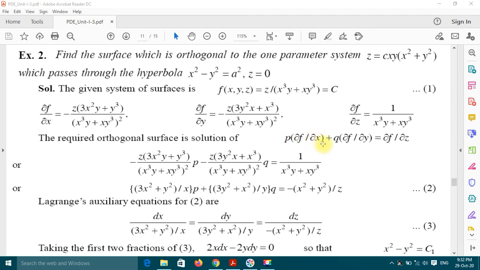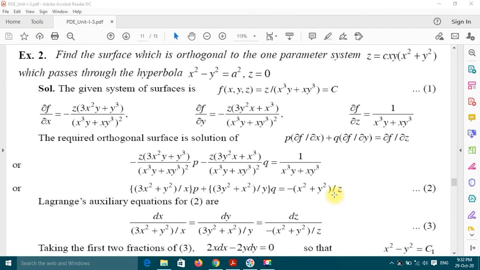The required orthogonal surface equation is given by p ∂f/∂x + q ∂f/∂y = ∂f/∂z. Now substitute the values of ∂f/∂x, ∂f/∂y and ∂f/∂z into the equation, and after simplification we get (3x² + y²)/x p + (3y² + x²)/y q = −(x² + y²)/z.